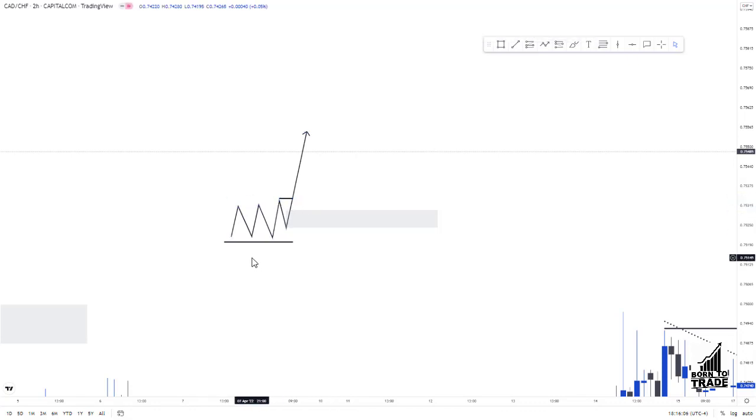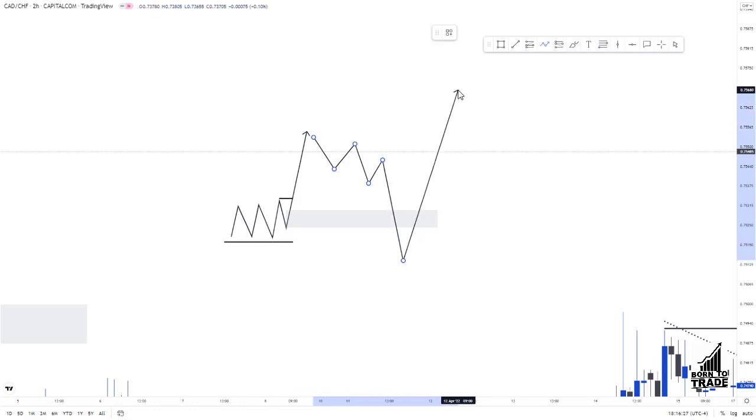But one thing you need to note is that liquidity is resting below these lows, because when price comes back, you might expect price to tap into your zone and move higher, but you will always see price coming lower to take out this liquidity resting below these lows before it moves higher.